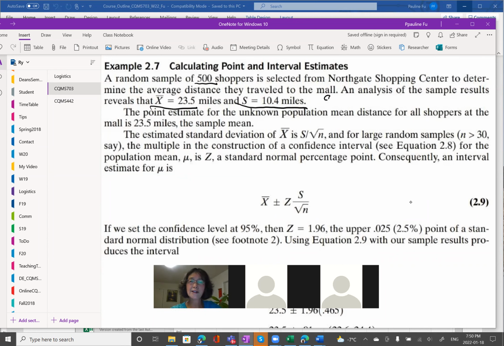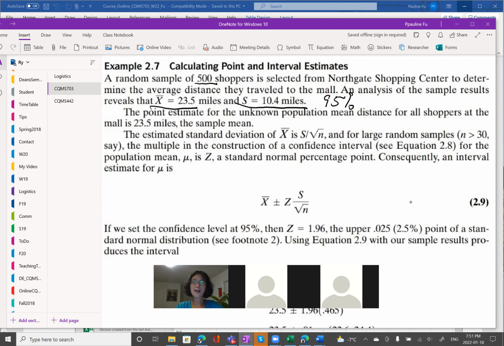Suppose we are using a 95% confidence level. This is a commonly used confidence level. Other commonly used confidence levels are 90% or 99%. For this example, I give you a 95% confidence level.